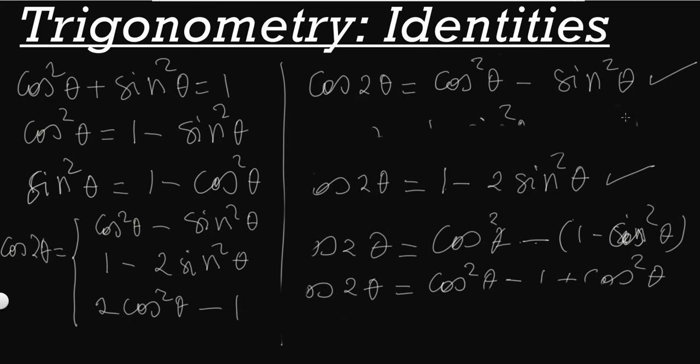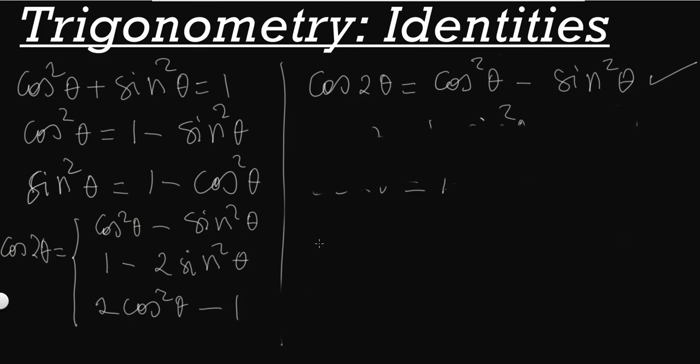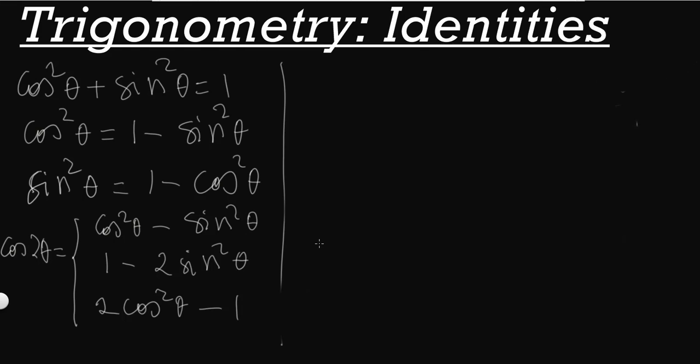So when you have cos 2 theta, there are 3 possibilities you can use. In some questions, you will need to use cos squared theta minus sin squared theta, and in some questions, you will need to use 1 minus 2 sin squared theta.